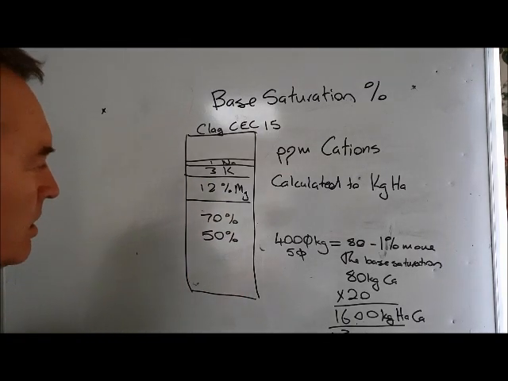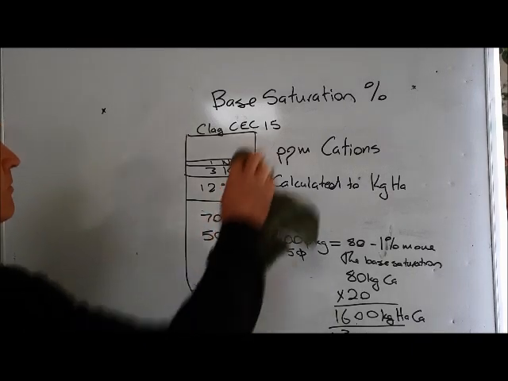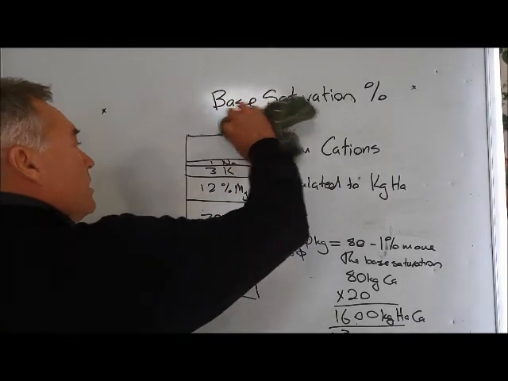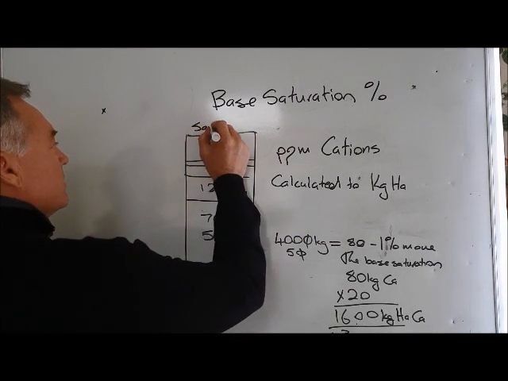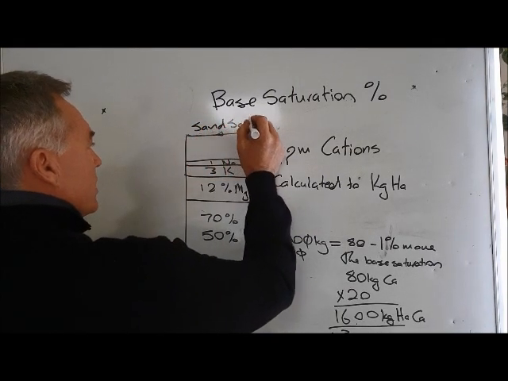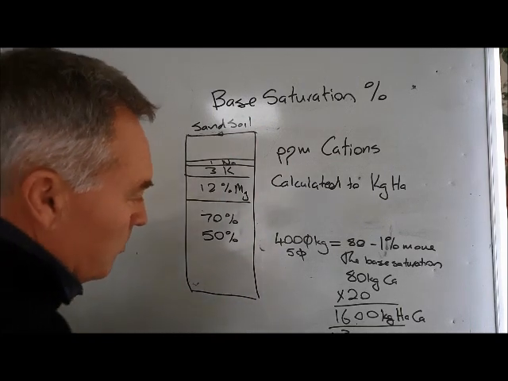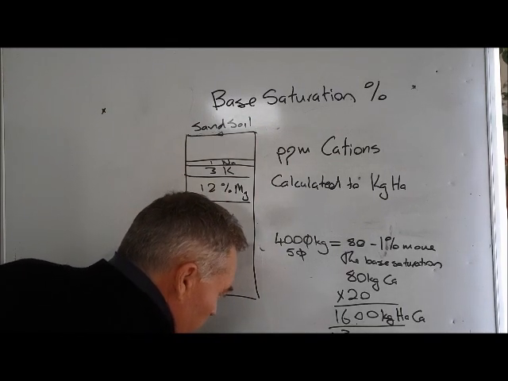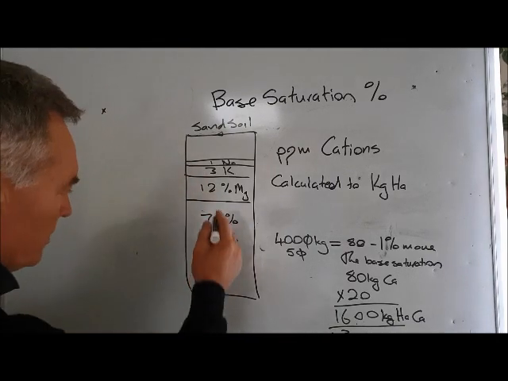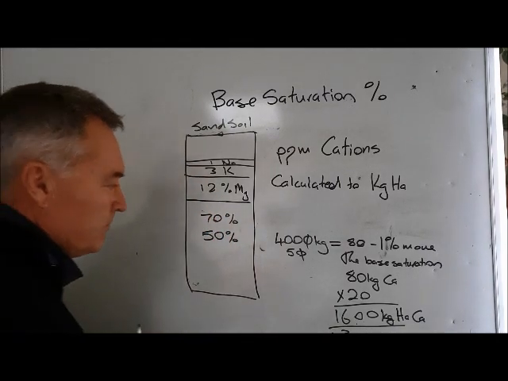Now, that's how it works in this situation. If we change it from this clay soil to the sand soil. So remember this, on the clay soil, we needed 4,800 kilograms of limestone to lift the base saturation by 20%.